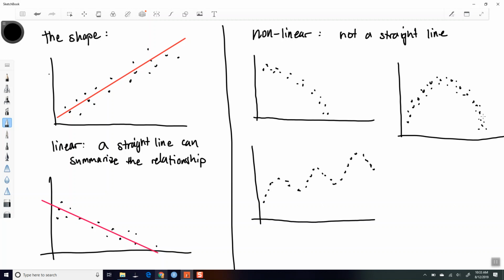Somehow our eyes and our brain are trained to really be able to recognize patterns. That's why we can look at the stars, although maybe not in LA, but if you look up at the night sky, you see patterns and shapes, and when you see Orion's belt, you're like, oh, that looks like a line. Our eyes are really good at recognizing patterns like that.